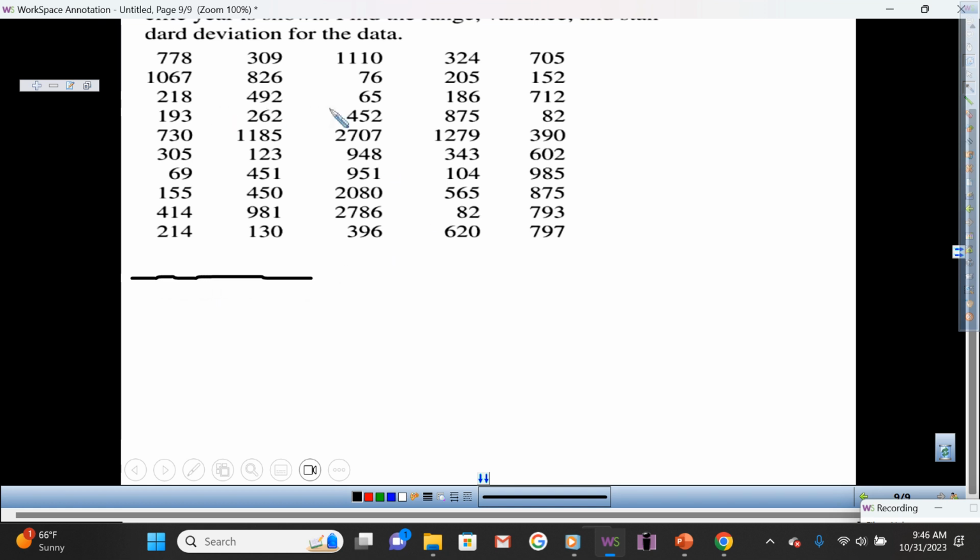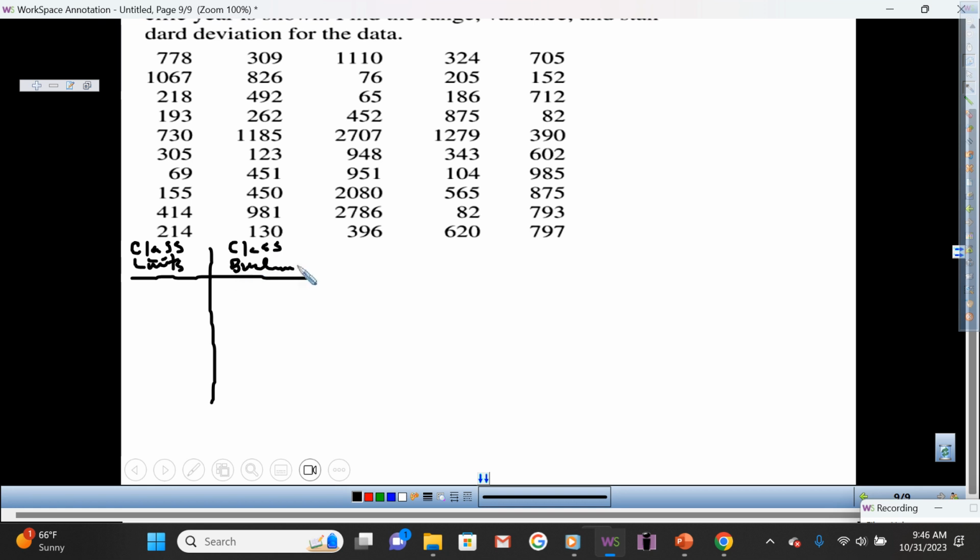What do we do with all this data to find the measures of variation? Yes, we put it in a table. That is correct. And what do we start with? What's the first column, everyone? Class limits.